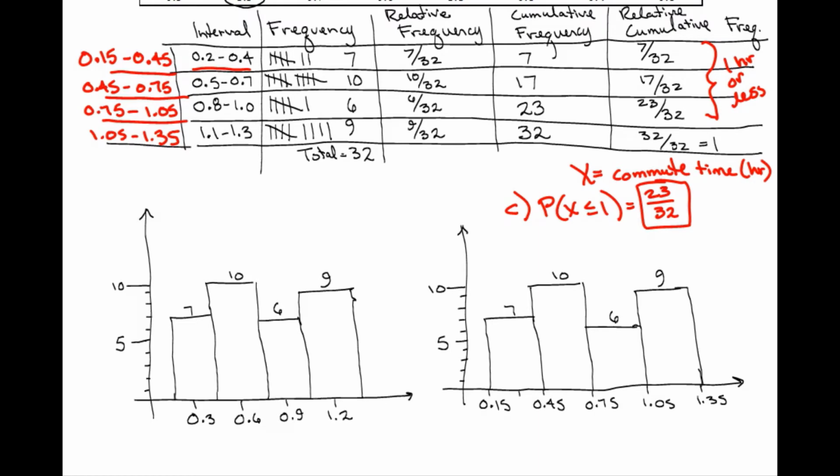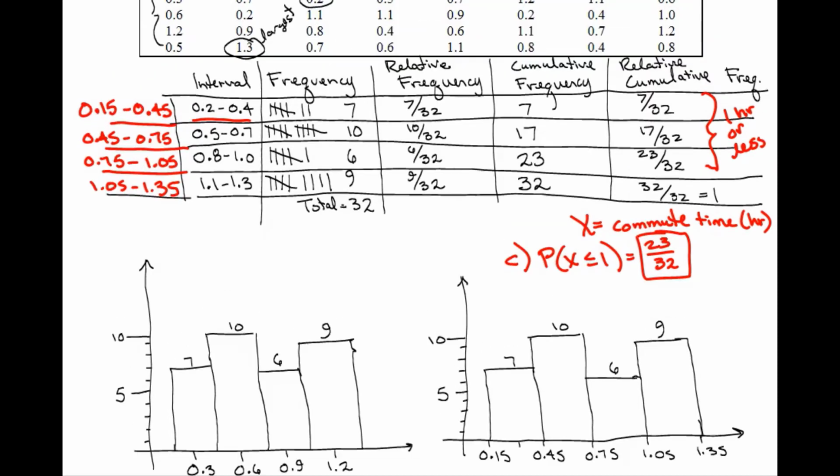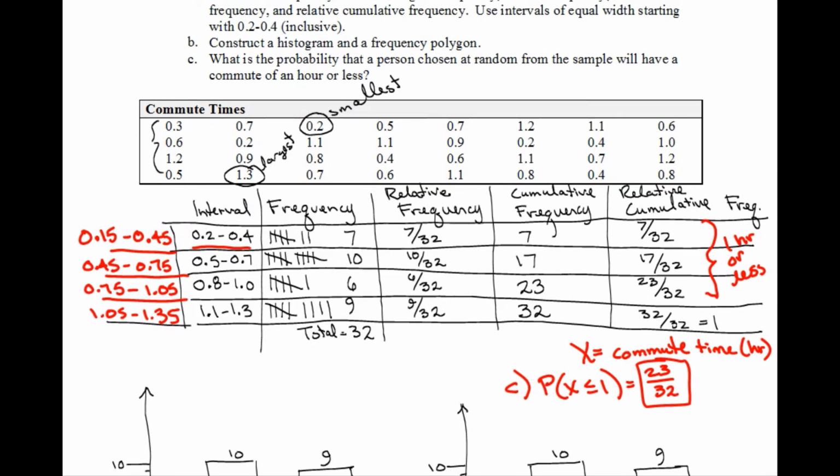Now, the last concept that I want to mention here, and it doesn't come up all that often, but you'll see it occasionally, and that's what we call a frequency polygon. Histogram and a frequency polygon.